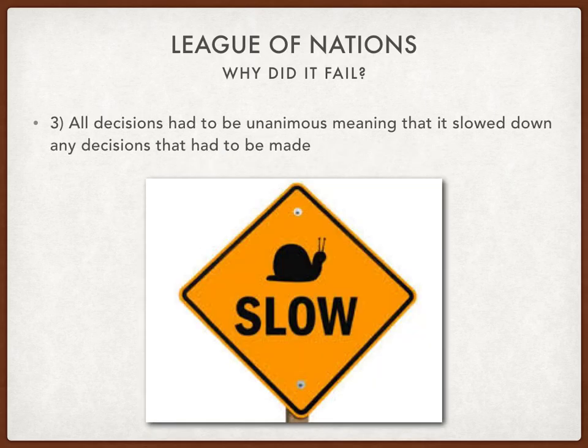Another big issue, the third big issue, was that all decisions had to be unanimous. And this really slowed down any decisions the League would need to make. If a member state didn't go along with it, they would have to try to convince this member state to adopt the policy they were trying to pursue, and it would really slow down the process.